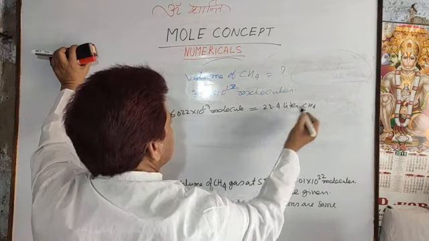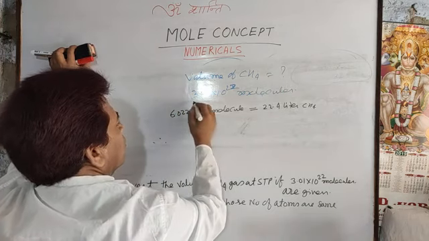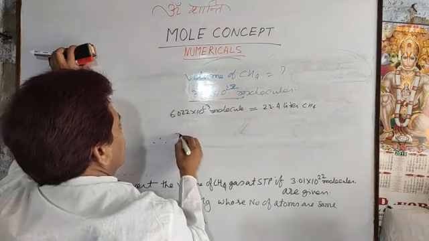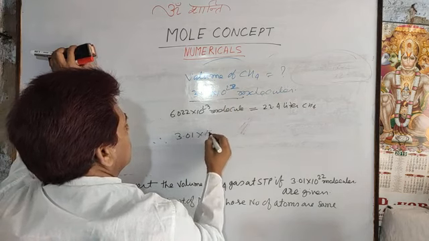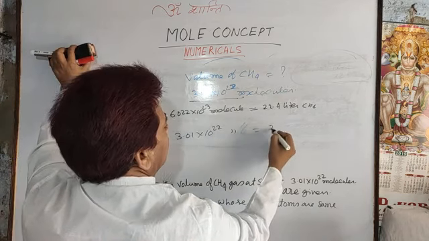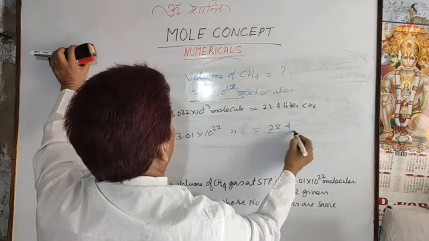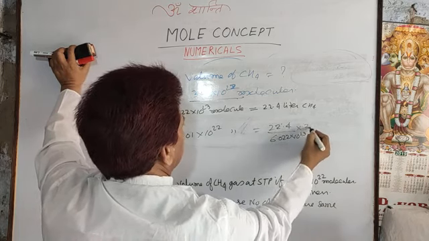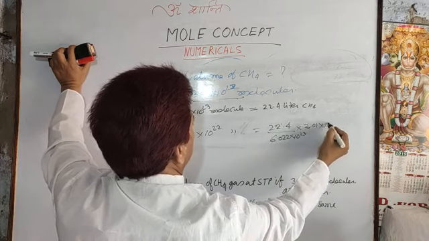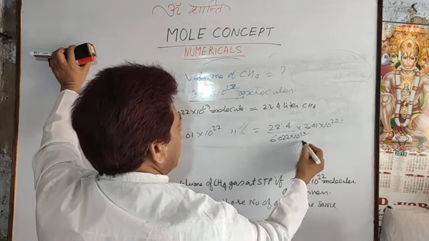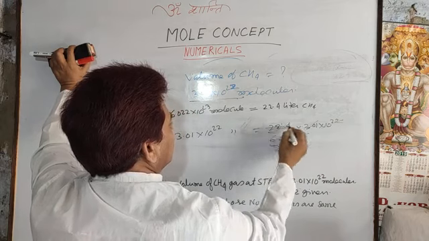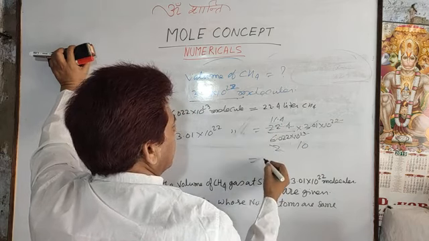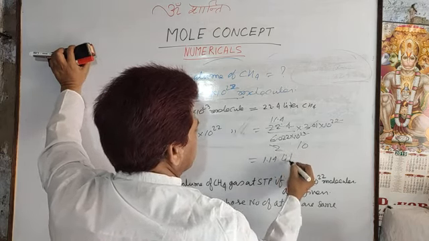Here methane is written, so you write methane. Therefore, you can calculate 22.4 by 6.022 × 10^23 into 3.01 × 10^22. So, cancelling, you can write 1.14 liter.